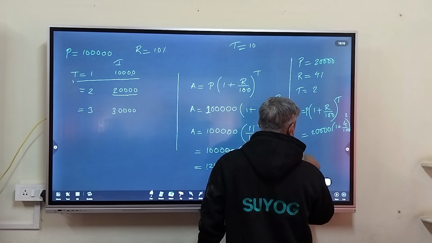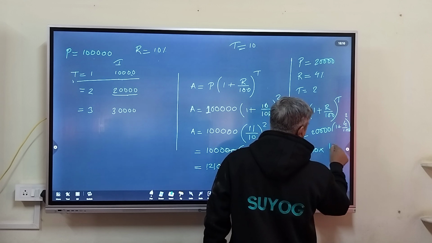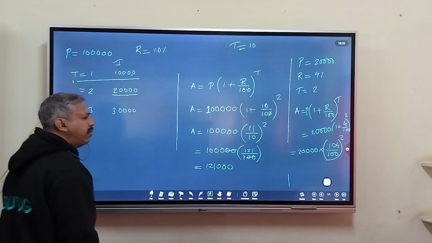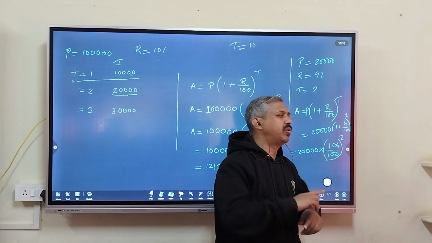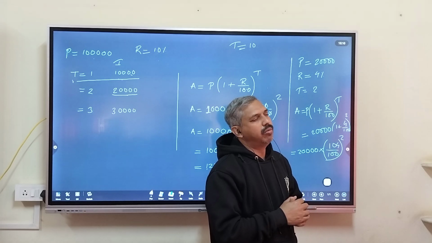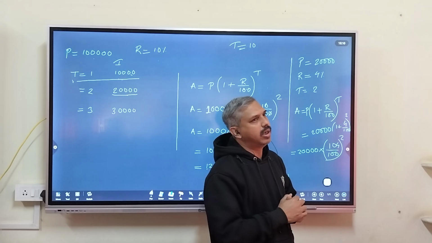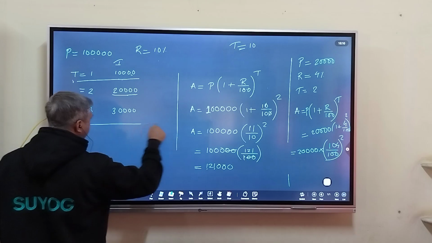This is equal to 20,000 into 104 upon 100 square. 104 square will be 100 plus 4 bracket square is 10,000 plus 16 plus 2 into 4 into 100, 816. So this is equal to 20,000.